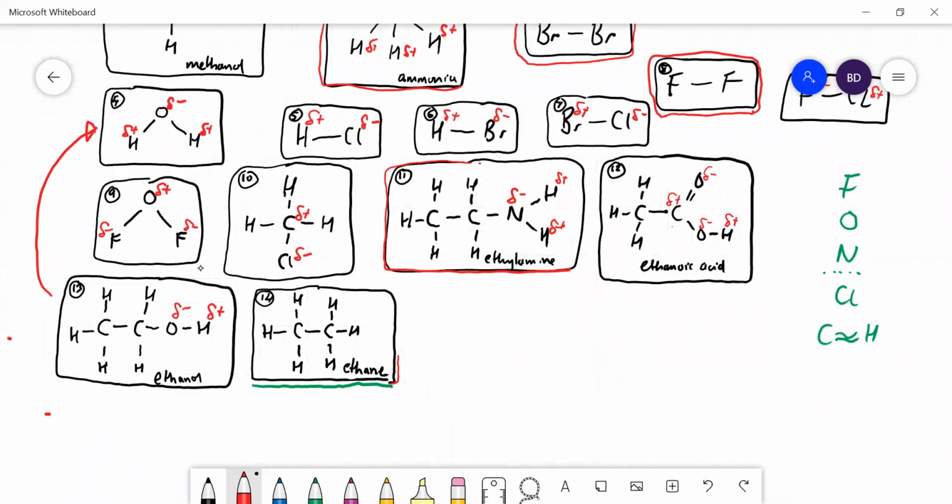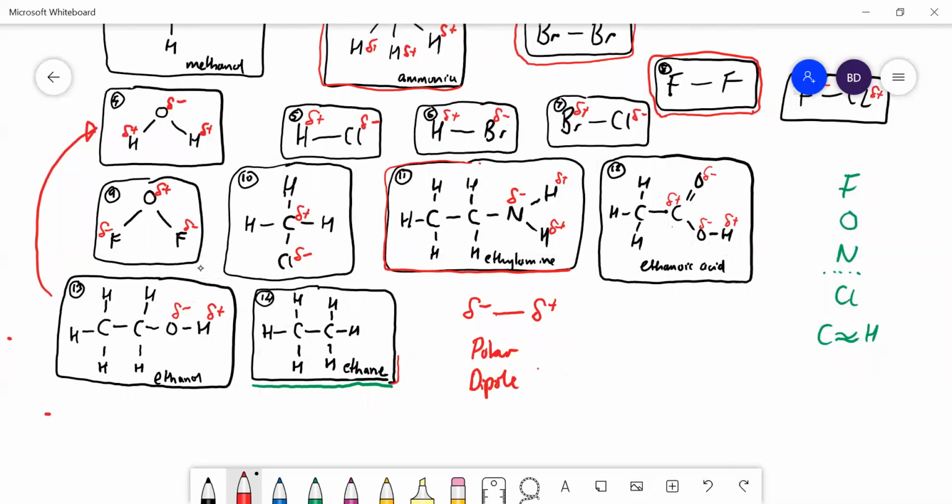Now, a little bit of jargon: all of these molecules have a delta minus end and a delta positive end, and we say they are polar. You say people are poles apart, don't you? So it means the charges are apart, the centers of positive and negative charge. They're polar, or you can say that they have a dipole.